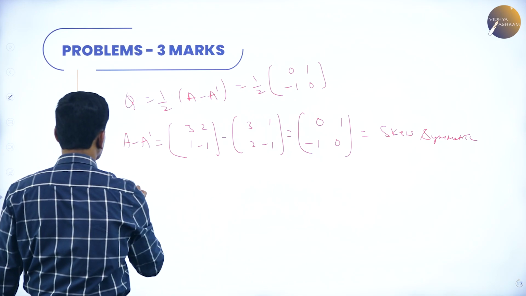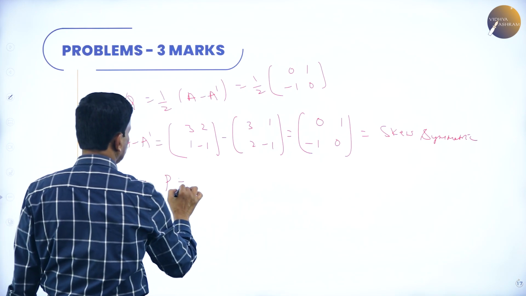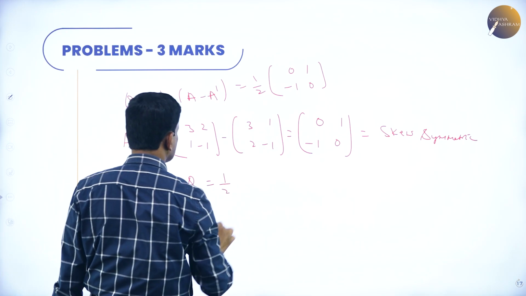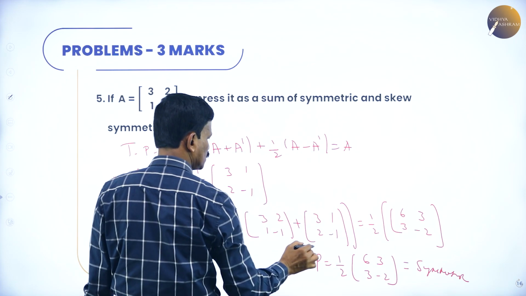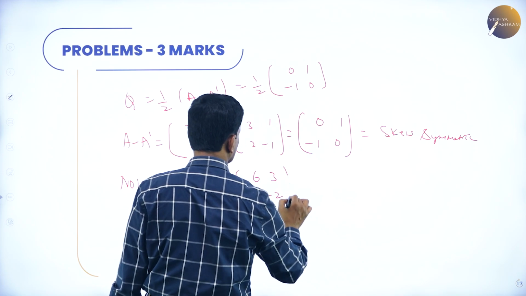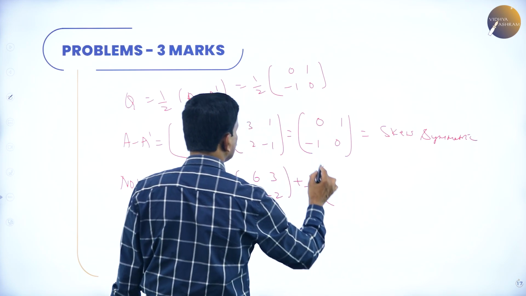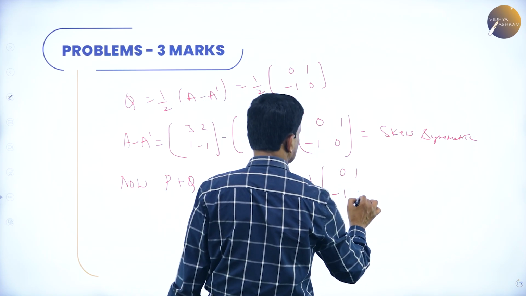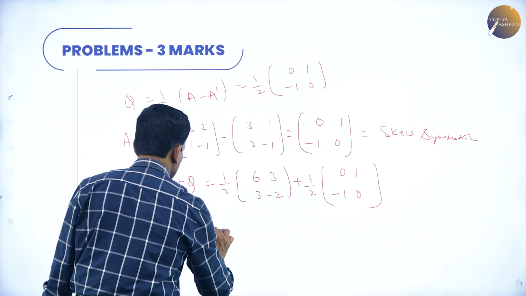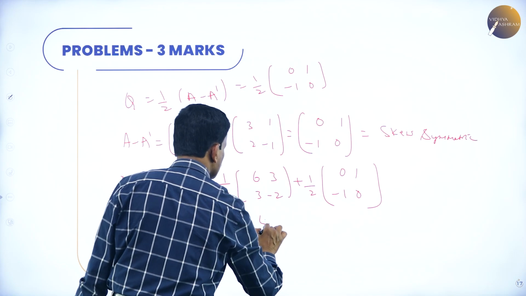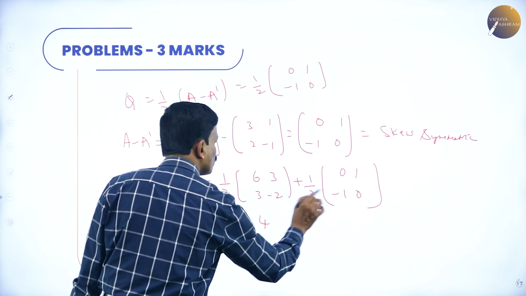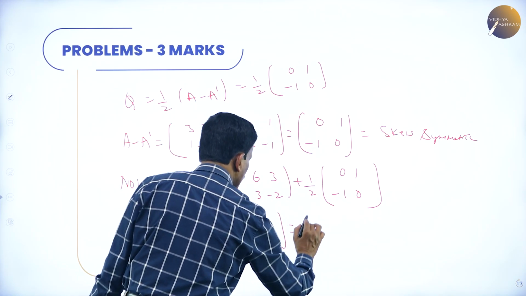Now, to prove that, now take P plus Q. P is half of 6, 3, 3 minus 2 plus Q is half of 0, 1, minus 1, 0. Now, you can take 1 by 2 out, add this. 6 plus 0 is 6, 3 plus 1 is 4, 3 minus 1 is 2, minus 2 plus 0 is minus 2, divide by 2.